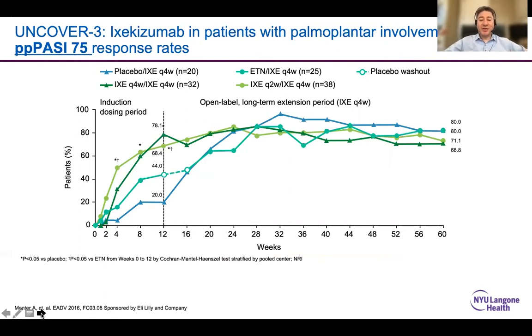It worked better than placebo, and it worked faster and better than etanercept. And you could see, again, palms and soles may take longer than other body parts to achieve that asymptotic area of the curve where they're getting maximum effect. So I always tell my palms and soles patients that when their body is clearing, their hands and feet may take a little bit longer.